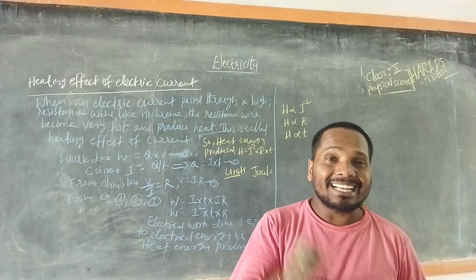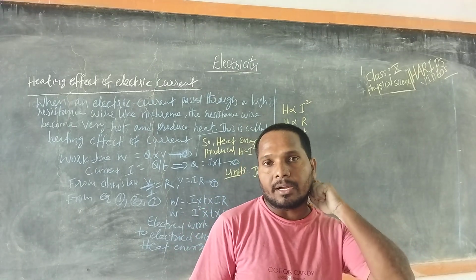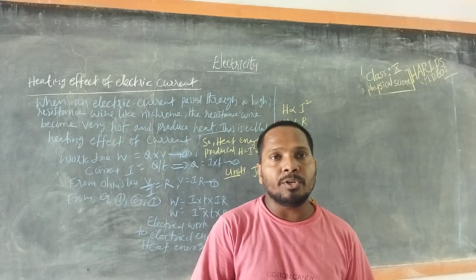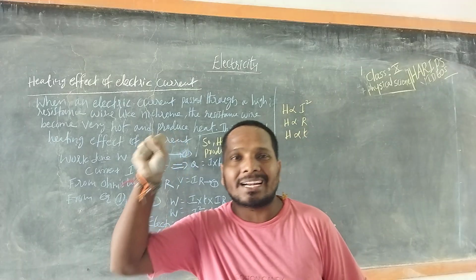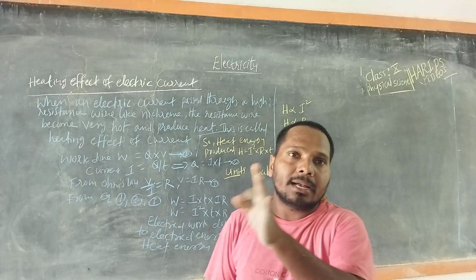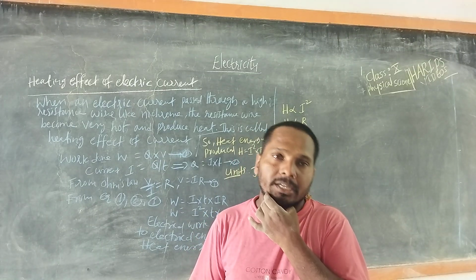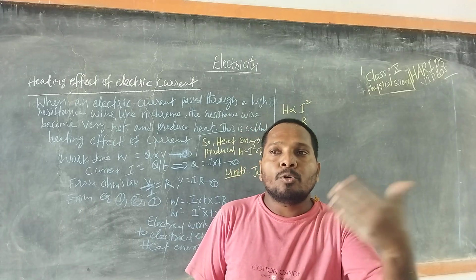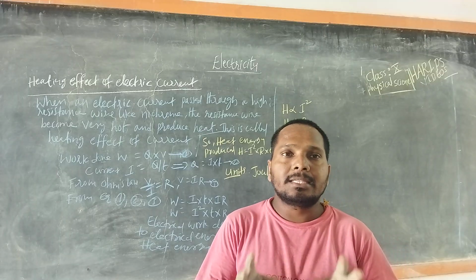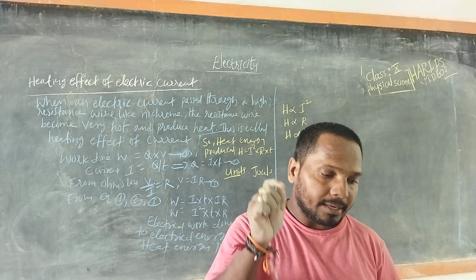Similarly, the resistance of a conductor opposes the movement of the electrons in the conductor. As we know, the flow of electric charges in a conductor is called electric current. So the characteristic property of a material or substance which opposes the movement of electrical charges is called the resistance of the matter.